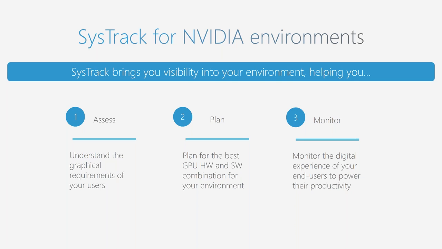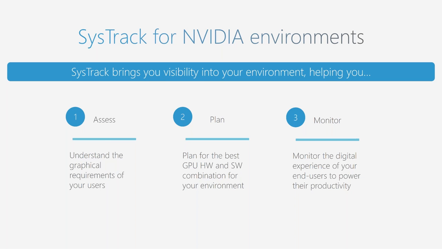Determine what is the best hardware software combination for my environment, and what users it makes sense to migrate first, etc. And then lastly, monitoring, right? Monitoring the steady state of that environment to make sure that end user experience is the same or ideally better after any given rollout.